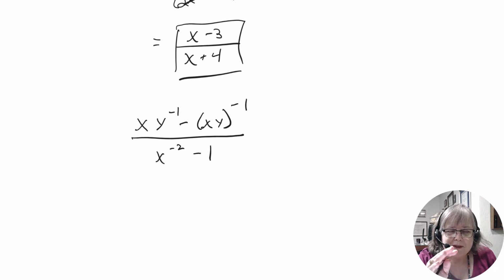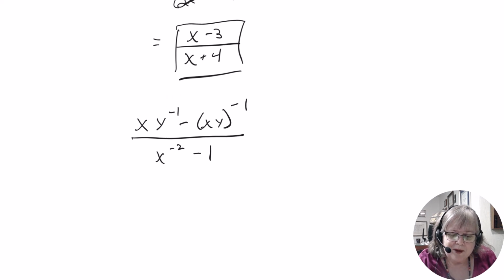Sometimes students will hear me say it's not happy, it wants to go to the other side of the fraction bar. But it only applies to the part that the exponent applies to. So this -1 applies to just the y. If they wanted it to apply to x, they would put it in parentheses.